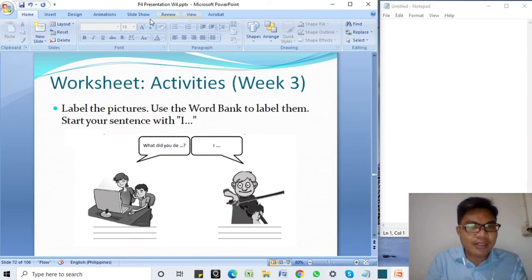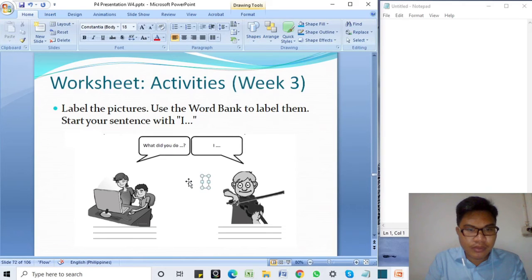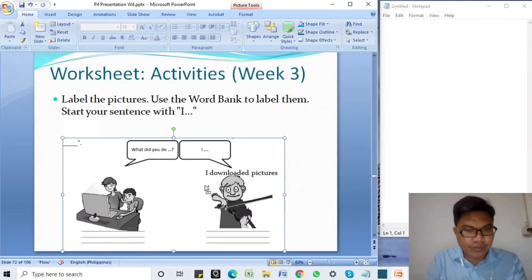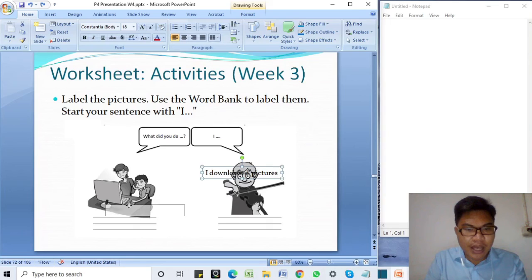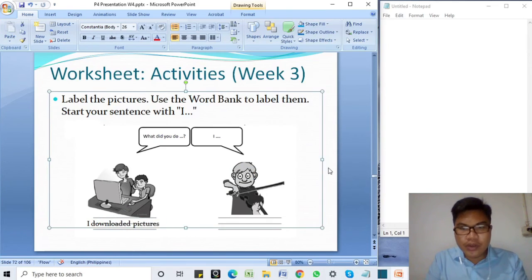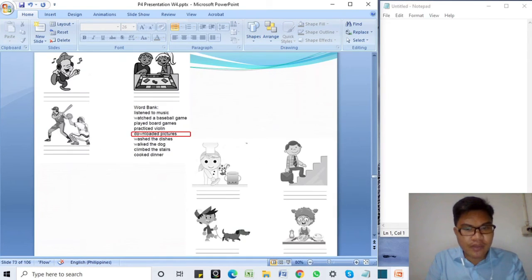You have to write on the space provided, since the instruction says start your sentence with I. So let's start with I, and then you add your answer. I downloaded pictures, and you add it here on the space provided. Okay, so you have to answer the other items also, this one, this one, this one, and this one.